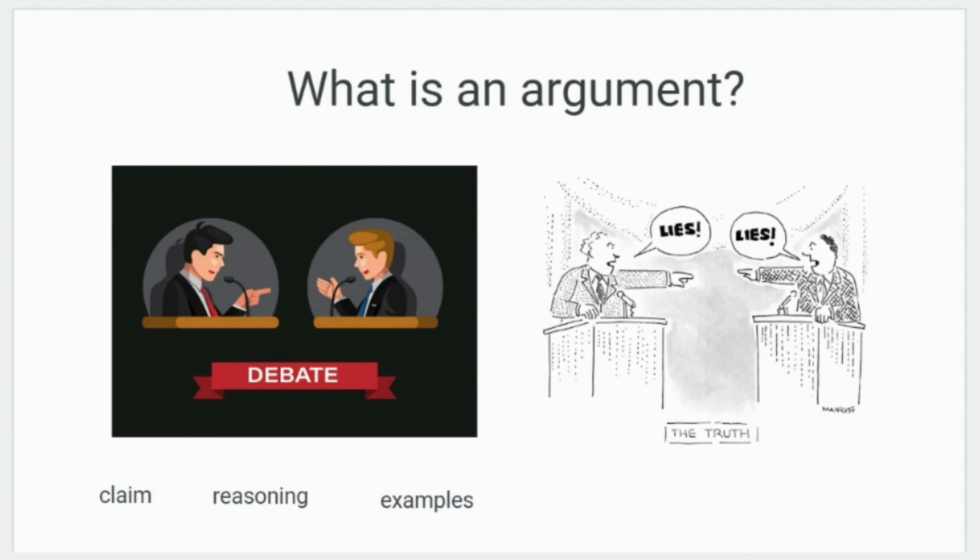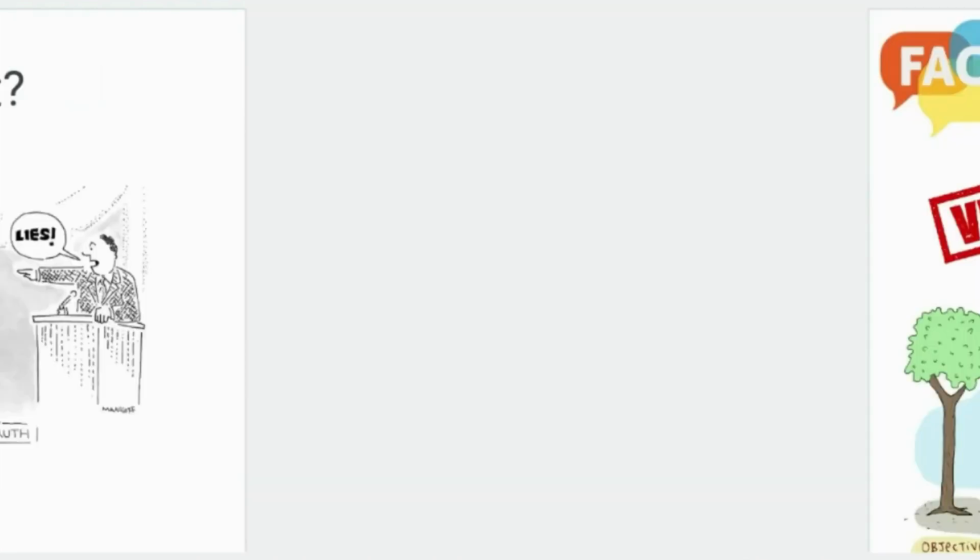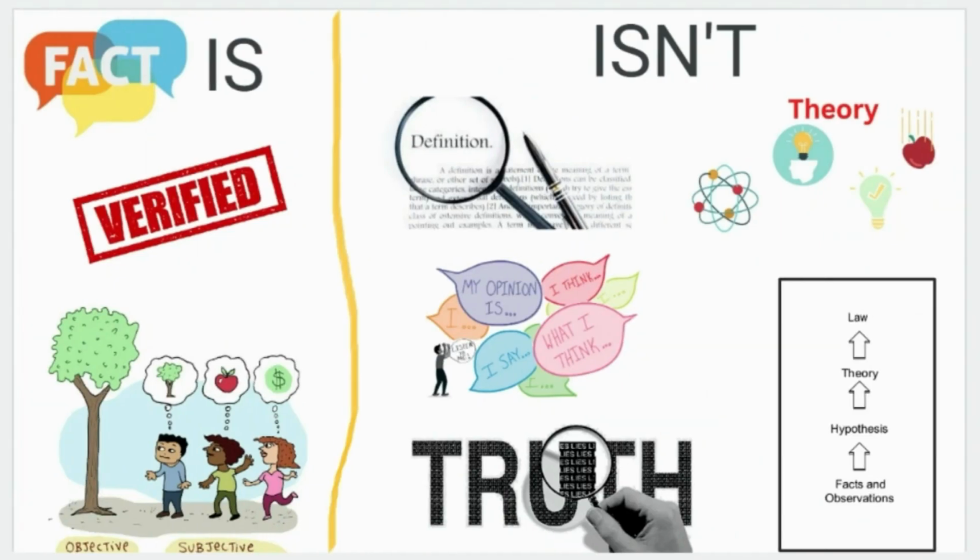So first we are going into some terms, and we'll just clarify whether we are understanding these terms correctly. The first term is fact. What is fact? It is objectively true. What do you mean by objectively true?